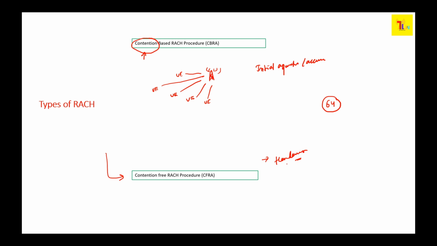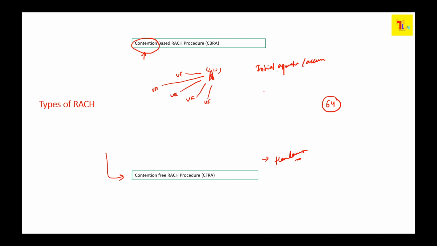So at that time, the UE doesn't need to bother about any such fight or contention between multiple UEs. There is already a dedicated preamble. It will pick it and try to perform the handover. So this is one of the major differences between CBRA and CFRA.